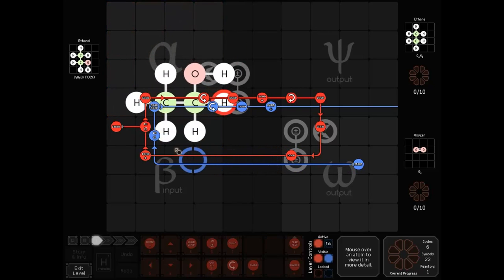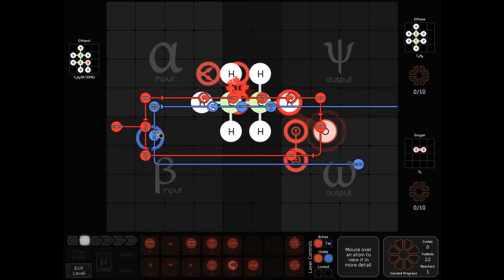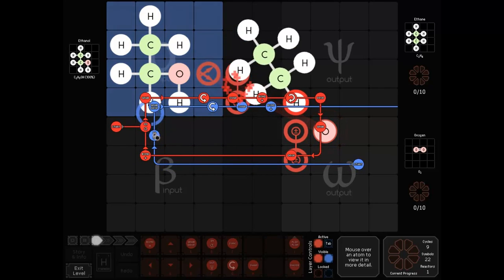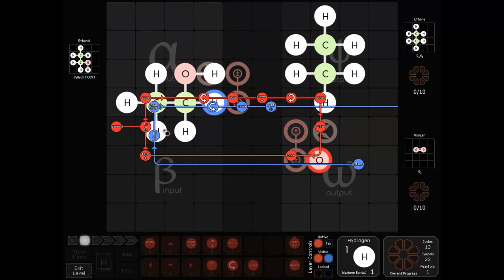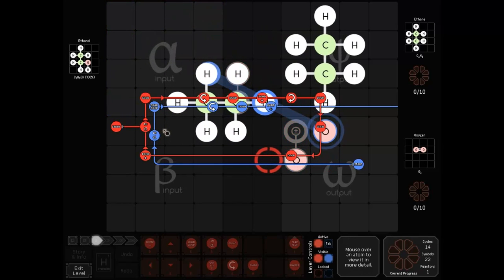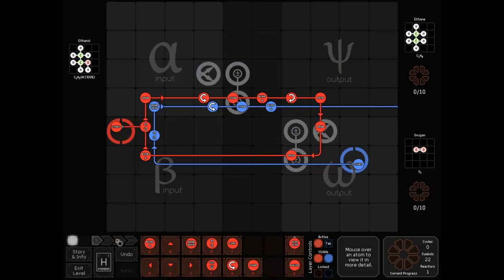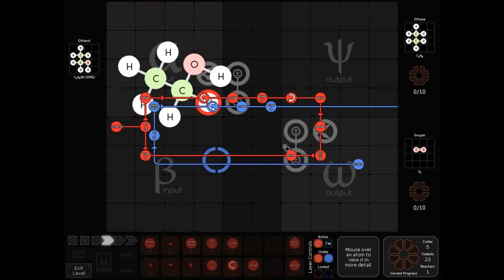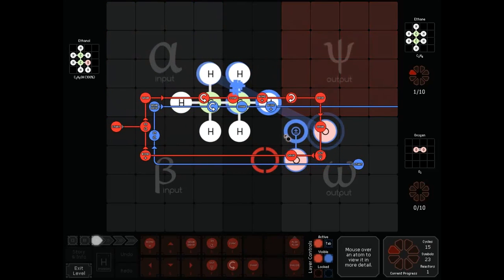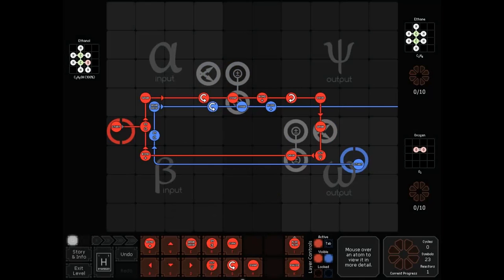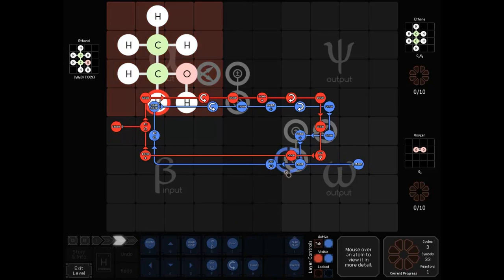Earliest blue can input a new molecule is right there. Oh, red needed to output this guy at some point. Blue's going to be doing the same thing as red. I'll grab the oxygen there, bond it here, drop it here, output.